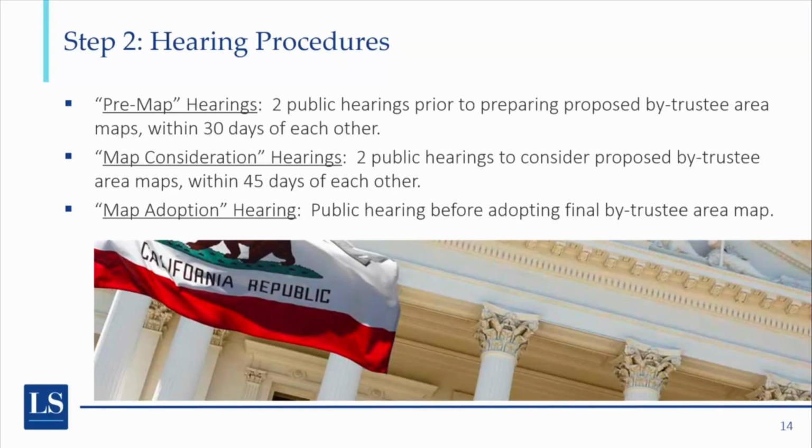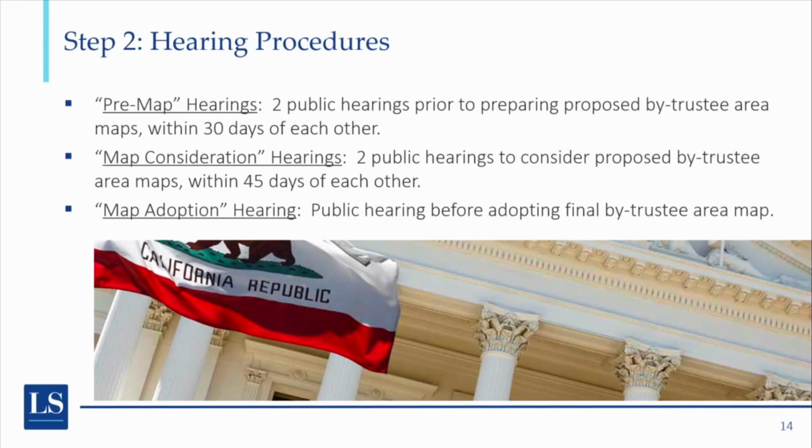And the process is pretty simple on its face. Once you adopt the resolution of intent, then you hold what are called 2 pre-map hearings. We said we're going to hire a demographer. They're ultimately going to draw some sample maps for you. But before any maps are drawn, you have to have these 2 hearings where I'll present again, and the demographer will present and give you a lot of data about the rules for drawing the maps.